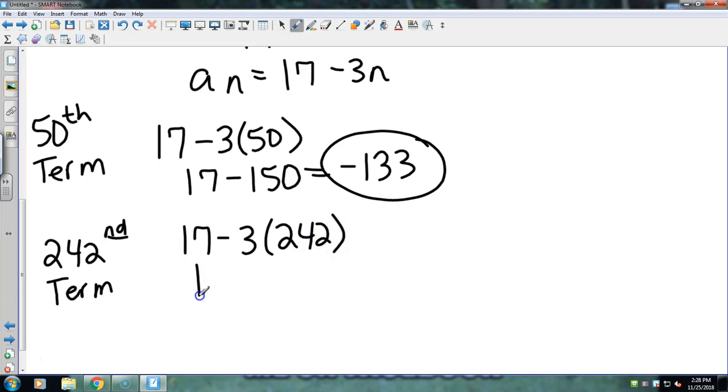So that's going to be 17 minus 726. And so 17 minus 726 gives me a total of negative 709.